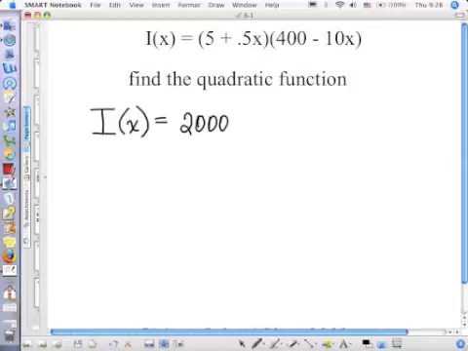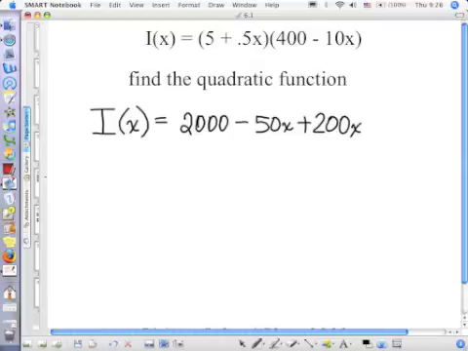Outer times outer, 5 times negative 10x is negative 50x. Inner times inner, 0.5x times 400. 0.5 is the same thing as half, so 200x.